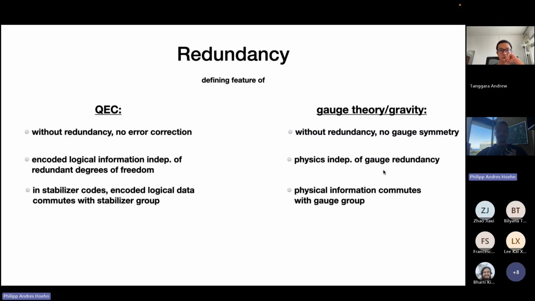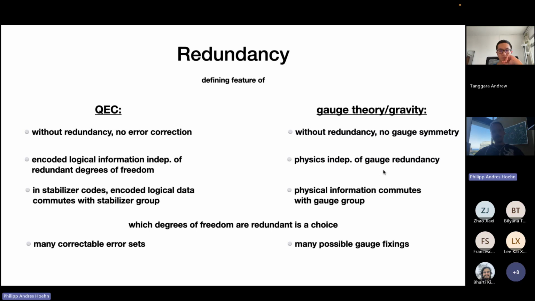Further, in quantum error correction, if you have group-based codes such as stabilizer codes, the encoded logical data is supposed to commute with the stabilizer group, just like physical information in gauge theories has to commute with the gauge group.